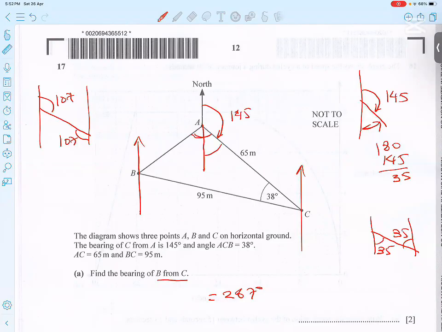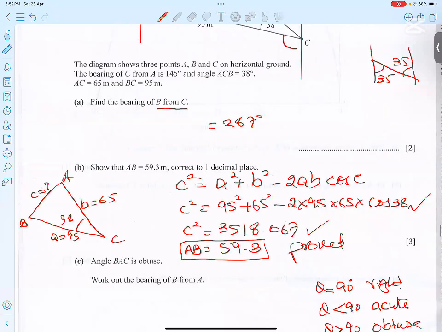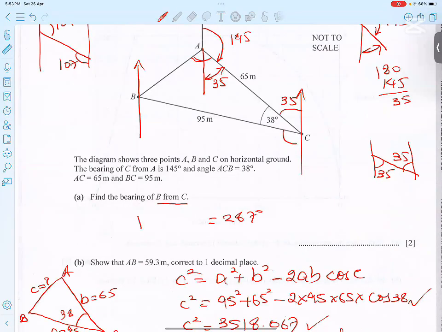This was 35, this was 35. I think I missed this before. That is 180, I think that is 107. So let me recheck and then I go for it. This is 107, plus 107.